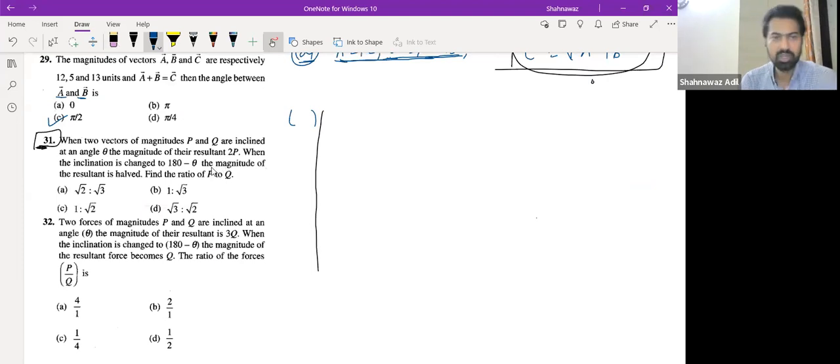So which formula should we use, Rishita? Sir, Lami's theorem. No, because the magnitude is given, right? Two angles are not given: the angle between P and Q, or Q and the resultant, or P and the resultant. Only this one angle is given, and they are talking about this resultant.